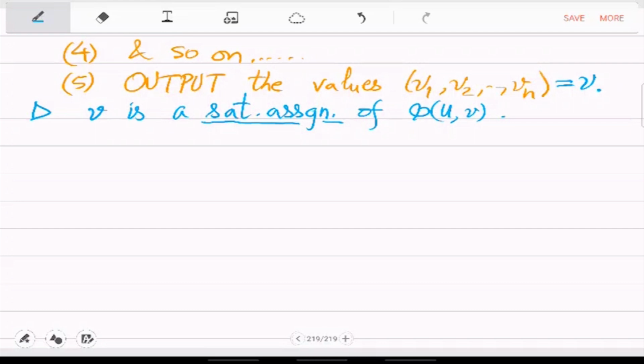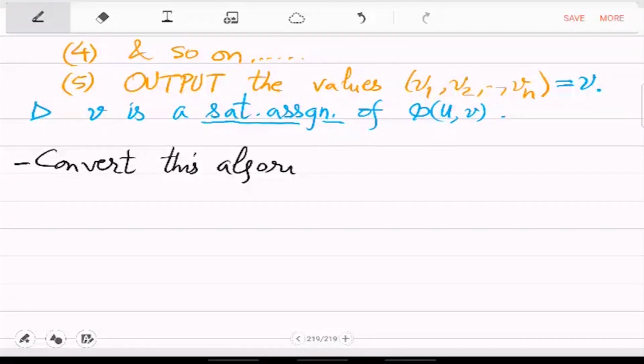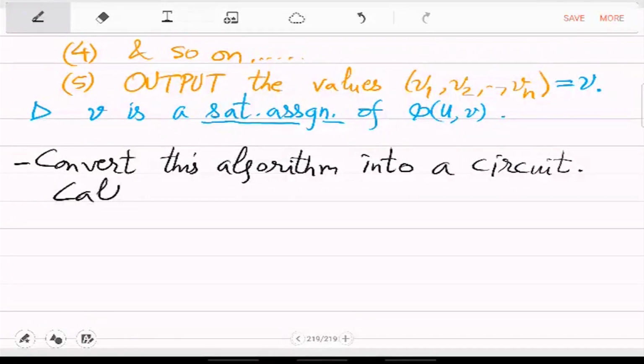So, let us call this thing we just did, we can convert it into a circuit and call it C_m prime. So convert this algorithm into a circuit, call it C_m prime. Okay, so C_m prime basically outputs the satisfying assignment.